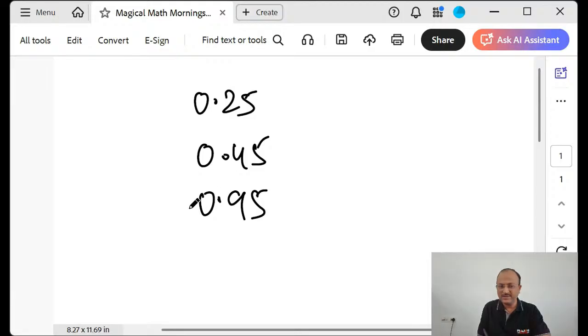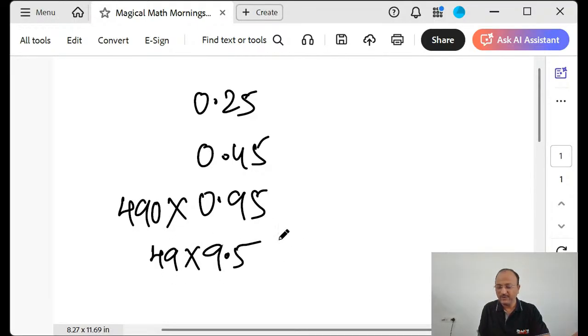Whenever you want to multiply something like 0.95 into some 490, what we do? Little bigger number, let us try. It may take little more by 1 second, but still we will be able to do. How it comes? 49 into 9.5. It will come little difficult. So what we do? 95 into 50. That concept we can use this. Yes. And we are able to do this, correct? No?